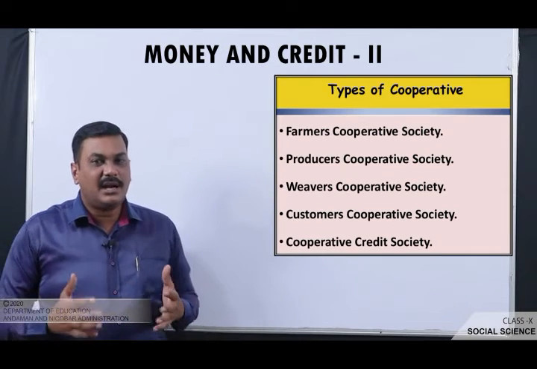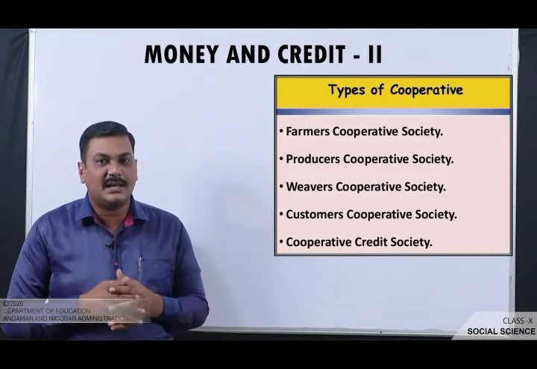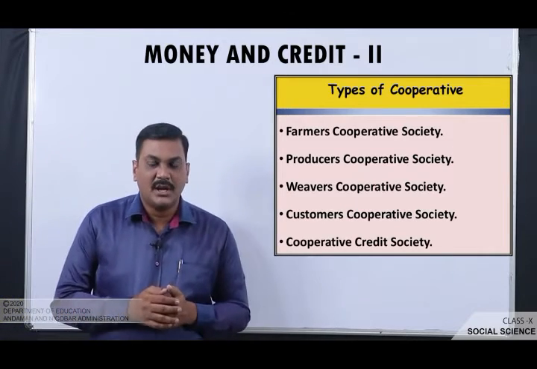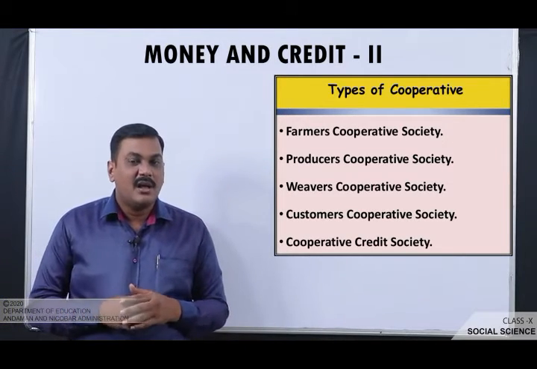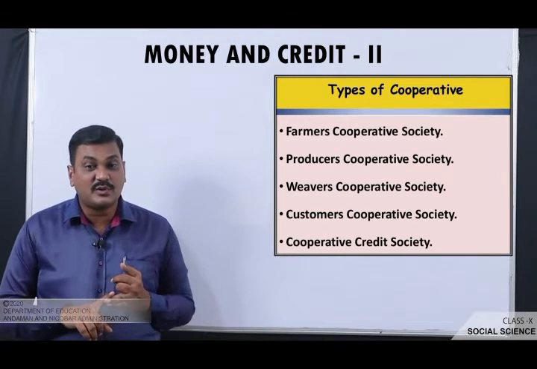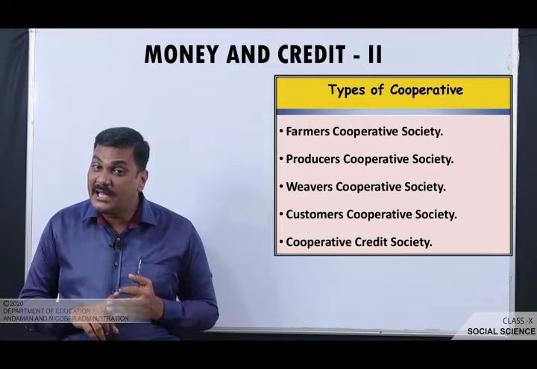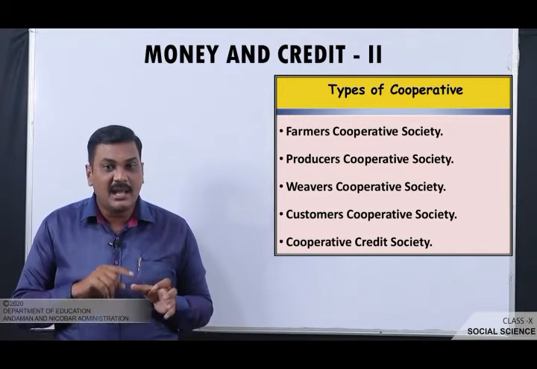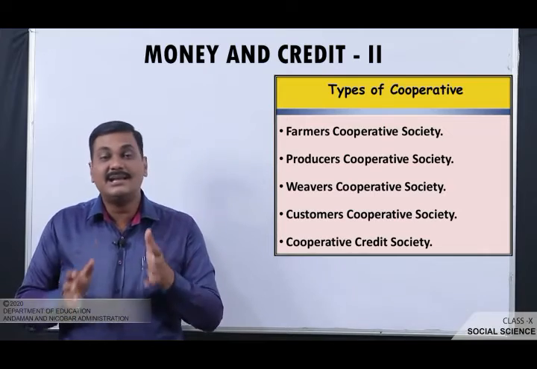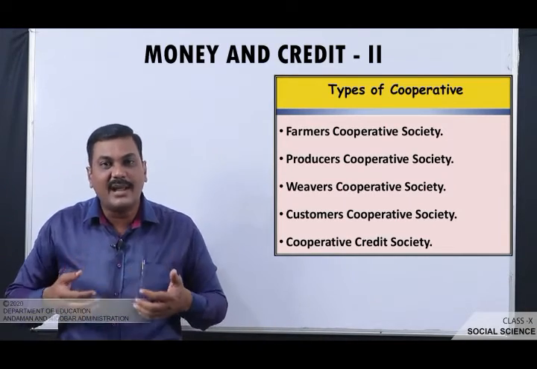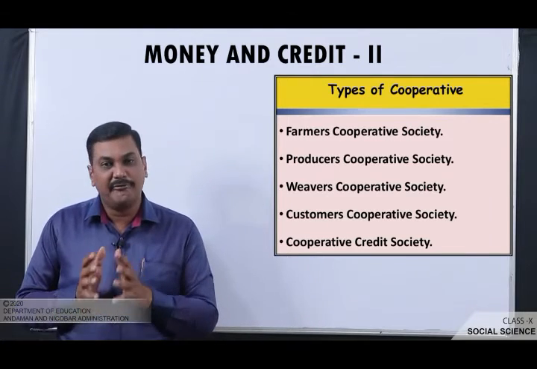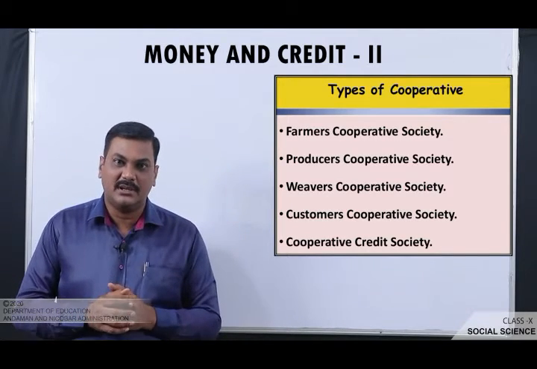To protect from these informal sectors, nowadays we have cooperatives. Now see, what are the types of cooperatives? Farmers Cooperative Society, Producers Cooperative Society, Weavers Cooperative Society, Customers Cooperative Society, Cooperative Credit Society, and apart from this there are self-help groups, which nowadays are very familiar and helpful for rural women and other people in rural areas.